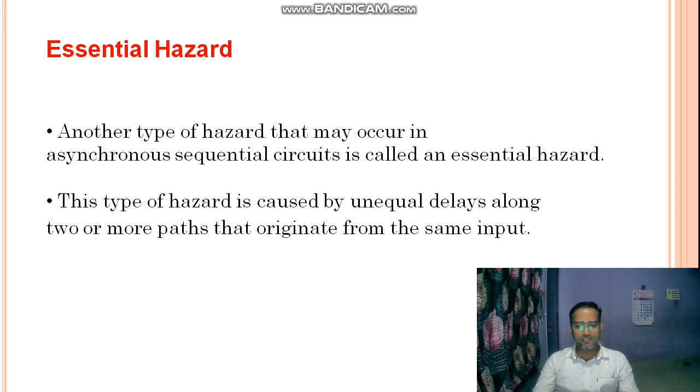We are not changing the input value, but 2 or more paths originate unequal delays. That is the most important term used in this hazard. This type of hazard is called an essential hazard. Okay, we will see the example in the next slide.